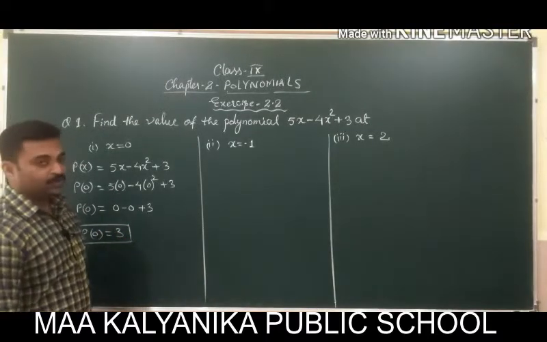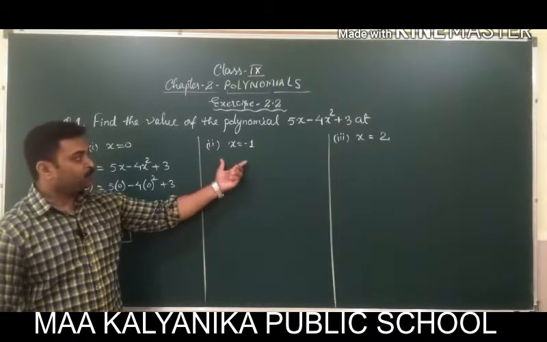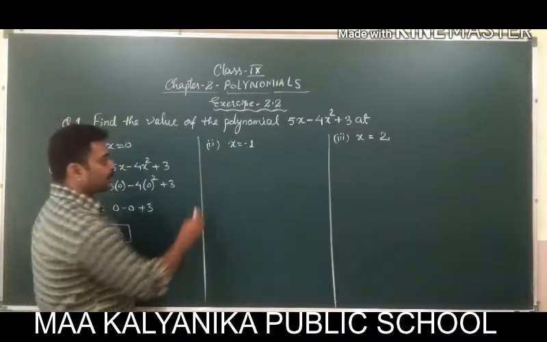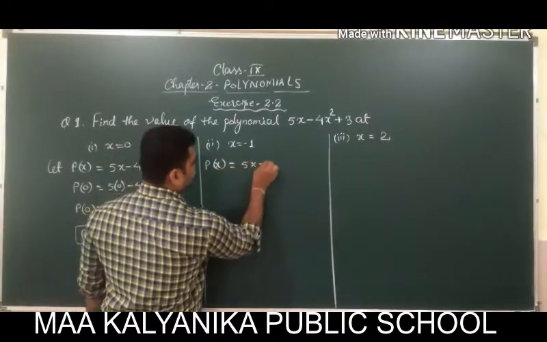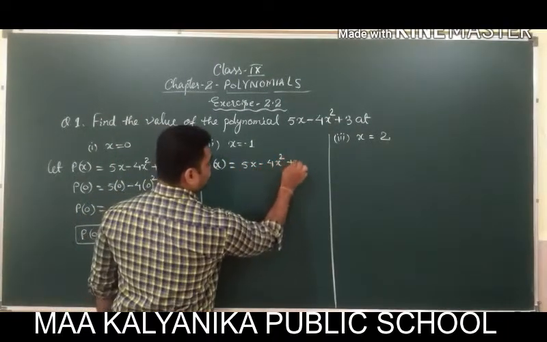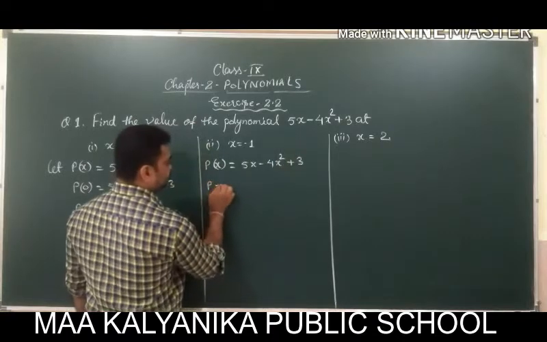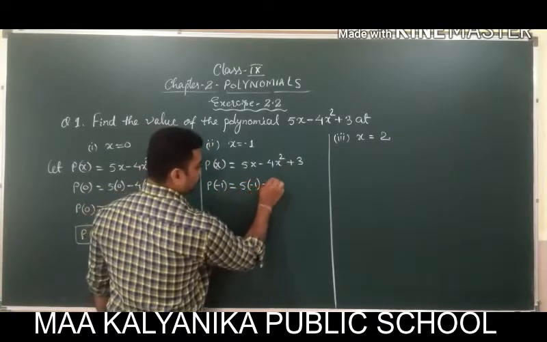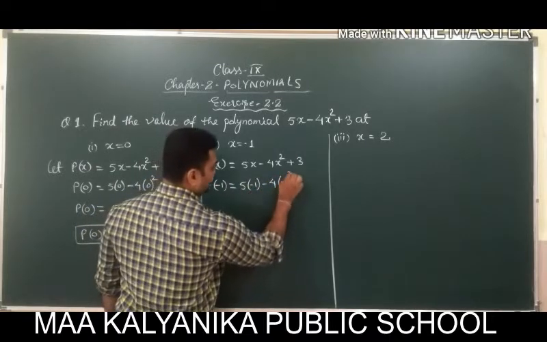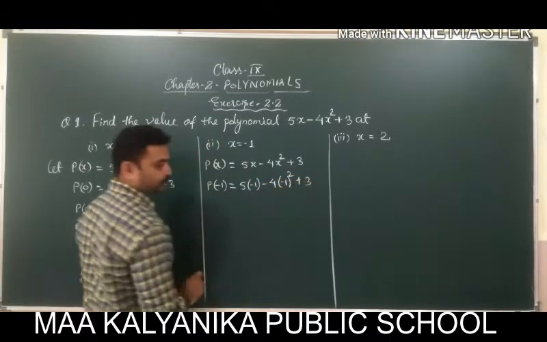Clear? Now in the second part we have to put x is equal to minus 1. So again we will take p(x) is equal to 5x minus 4x square plus 3, then p(minus 1) is equal to 5 into minus 1 minus 4 into minus 1 whole square plus 3.